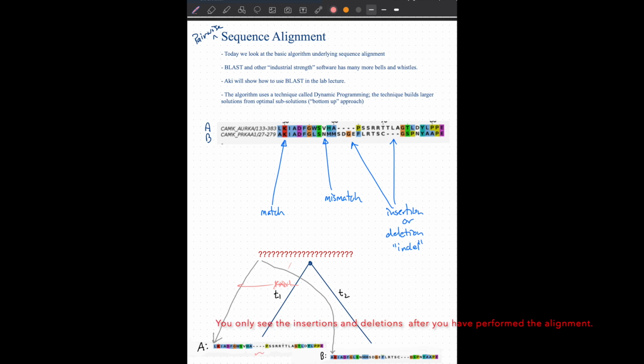Or, for example, these four amino acids weren't at the root, and they were inserted here. So there was basically an insertion of those four amino acids, 1, 2, 3, 4, along this branch at some point, and that's why they show up down here.